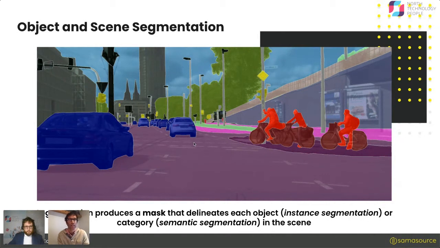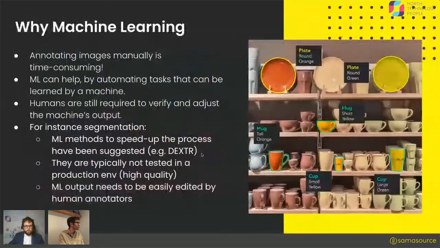Semantic segmentation will produce a mask delineating each object in the scene in the case of instance segmentation, or just the general categories for semantic segmentation. This is very useful for most, all self-driving projects requires a lot of labeled data with that kind of segmentation. So we have a lot of clients that are asking for such data.